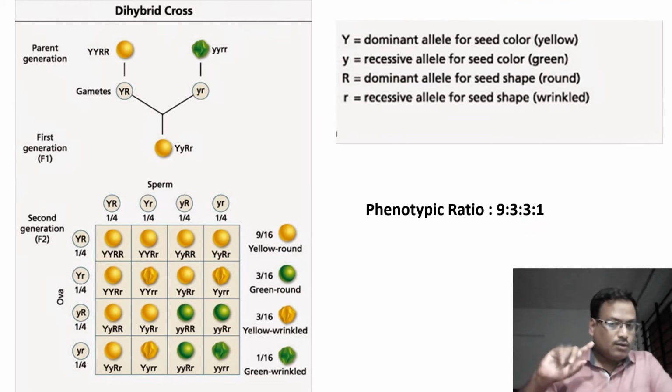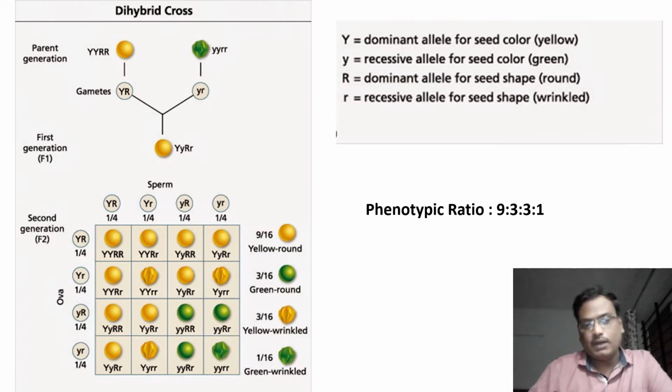So what is the phenotypic ratio in monohybrid cross? 3:1. And what is the phenotypic ratio of dihybrid cross? 9:3:3:1. Remember this. This is universal in all the organisms which follow Mendelian pattern of inheritance.